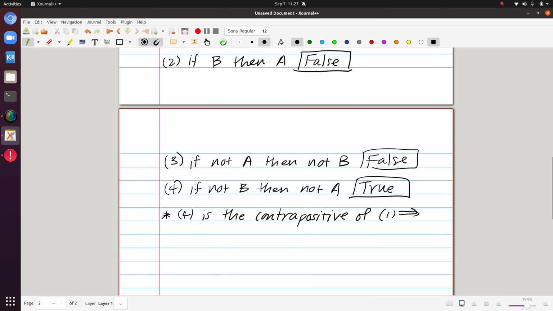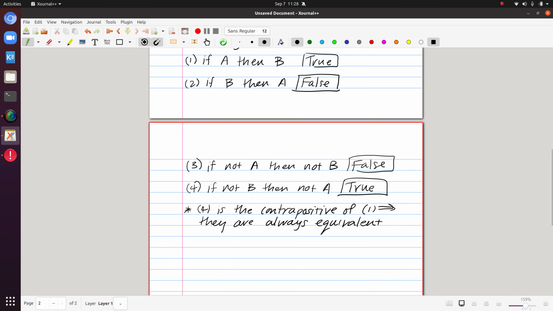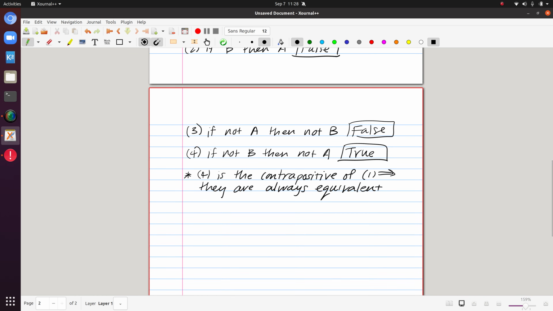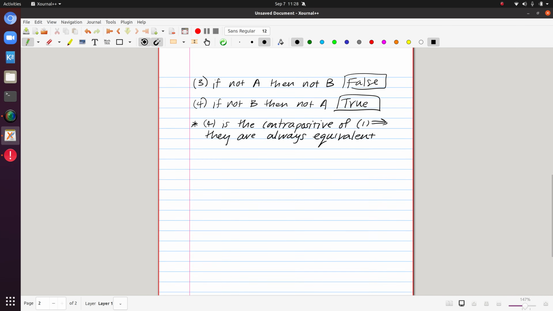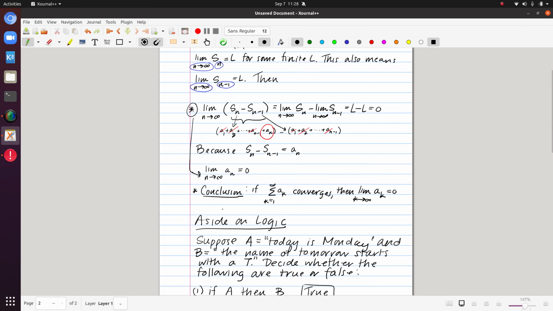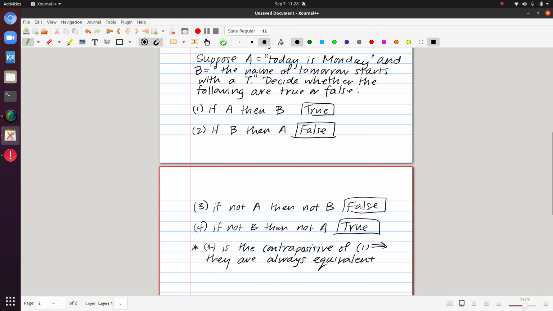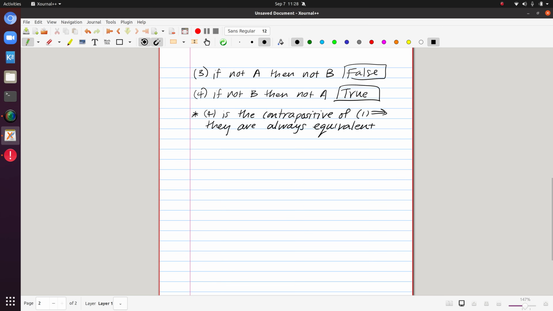And they're always equivalent. So this idea of if A implies B, we're able to say that not B implies not A. So let's think about this in relation to what we looked at above, going back to series.